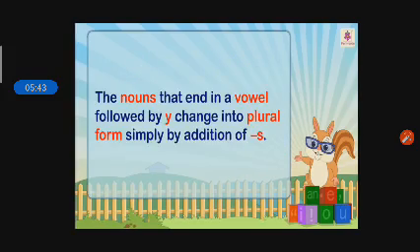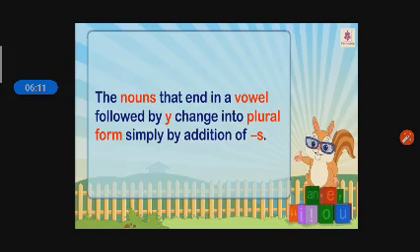The nouns that end in a vowel followed by Y change into plural form simply by the addition of S. Again, you will see an example of a word that ends with Y. Okay, but here we will not drop Y and we will not add IES.